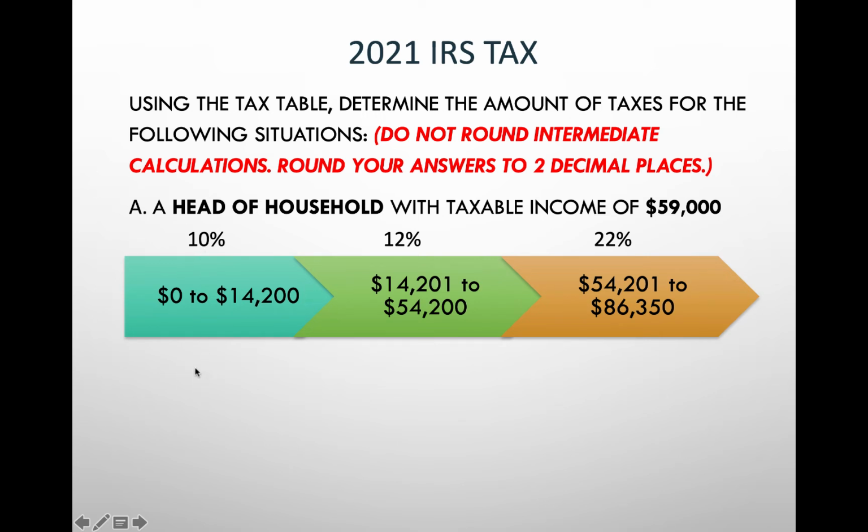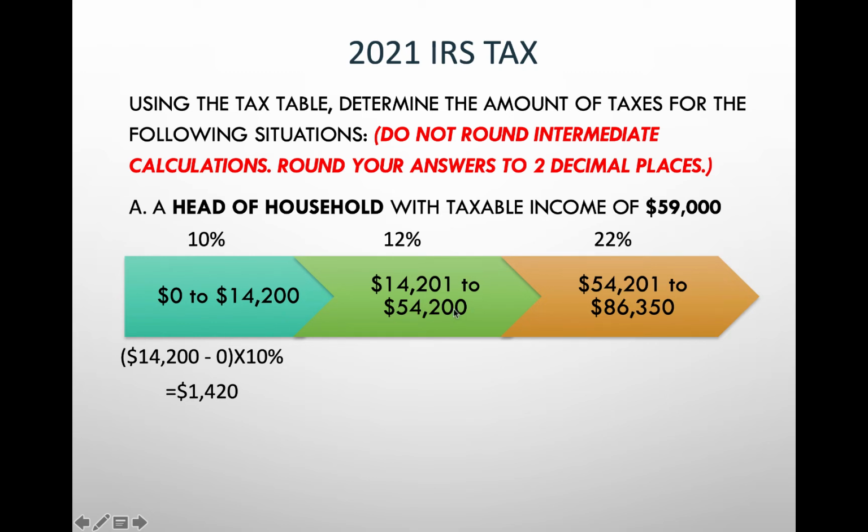The way we do this is I'll take the top range of my bracket, which is 14,200, and subtract 0, because that's just the bottom of that range. When I subtract those two numbers, I take that difference and multiply it by the 10% tax rate, which gives me $1,420. Now, I know I've made more than $14,200, so I'll go to the next bracket.